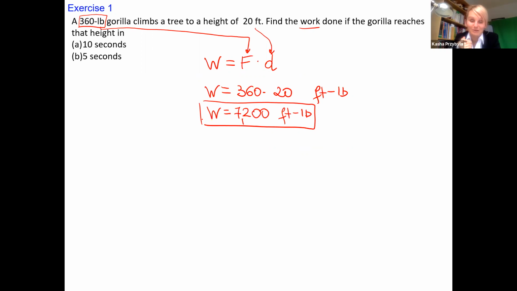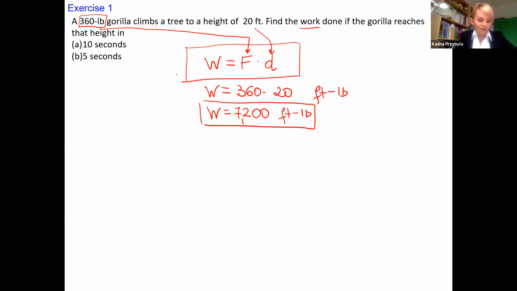No. It will be the same. Of course we can compute different parameters in this scenario, but it doesn't matter if the gorilla climbs in 10 seconds or 5 seconds, the work done is exactly the same, because the formula for the work doesn't depend on time.